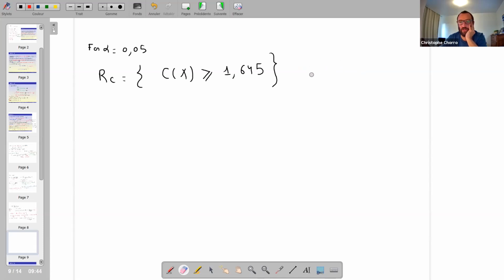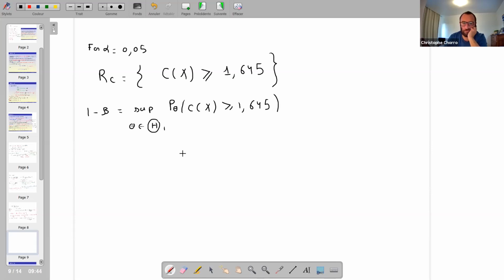So I have fixed the level of the test. Okay, now I am interested in the power. So I know that 1 minus beta is equal to the supremum for theta belonging to capital theta 1 of the power function. That is now the probability that I belongs to the rejection region, that is this one.